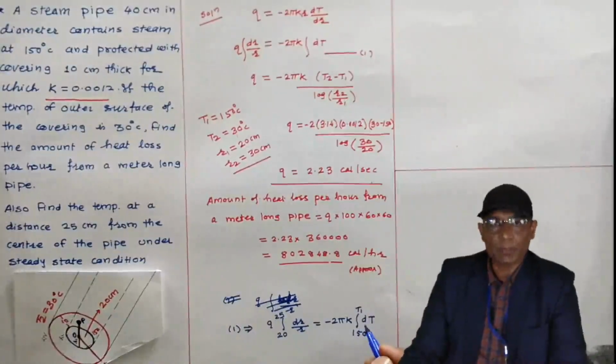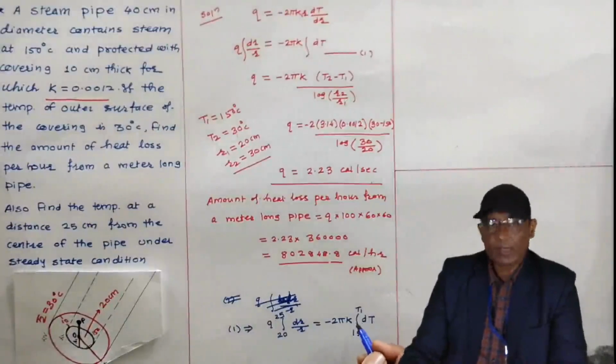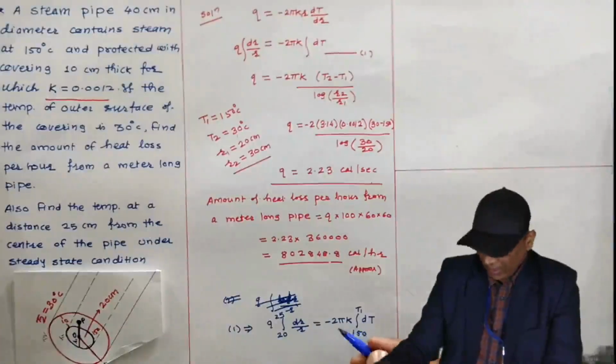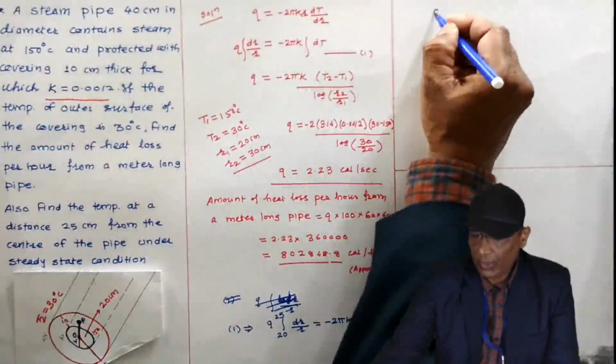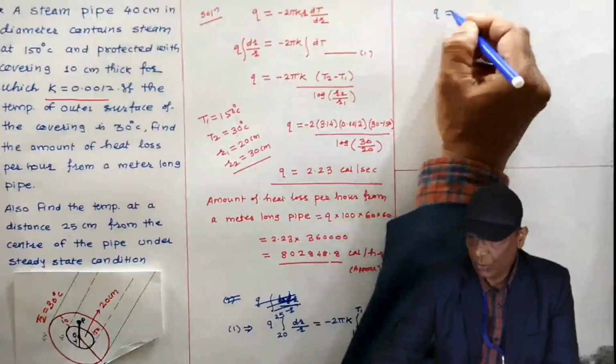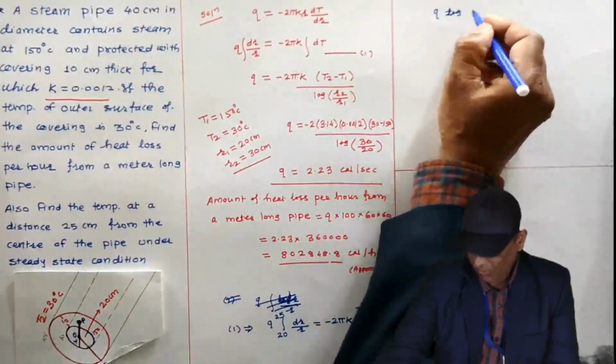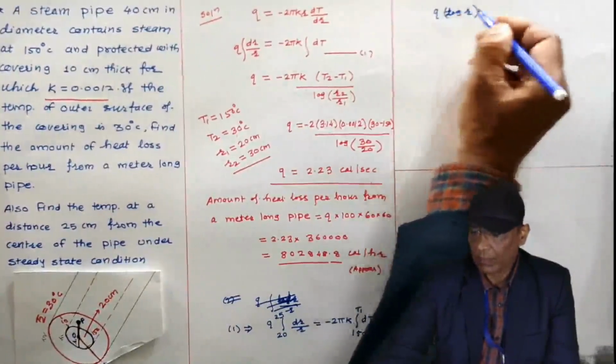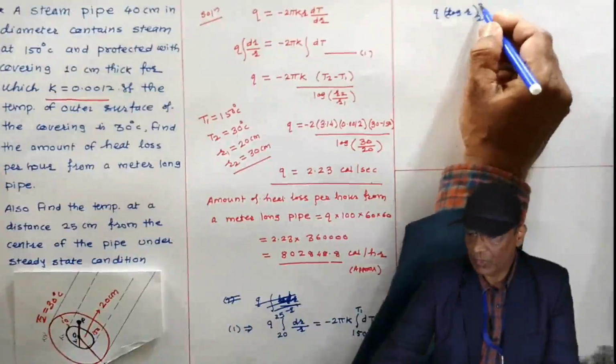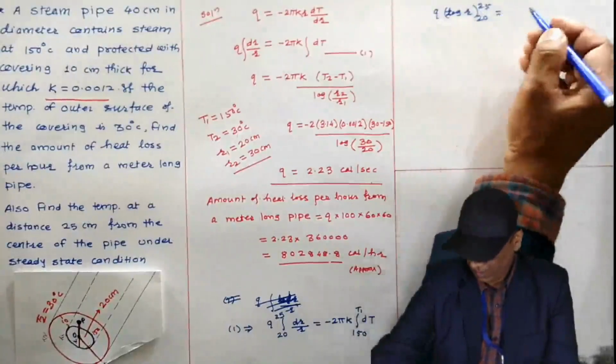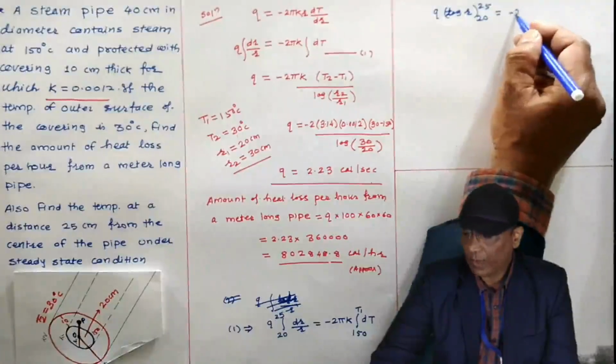Now it becomes very simple. Just evaluate this definite integral and get the answer. Now, Q multiplied by log of R, lower limit is 20, upper limit is 25, equals minus 2 pi k.